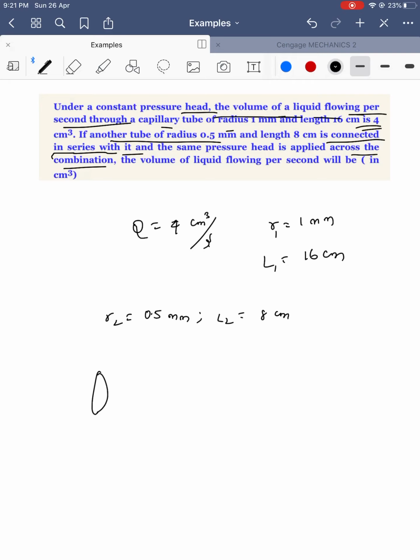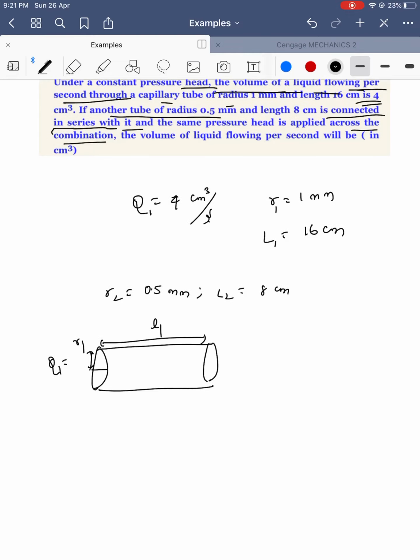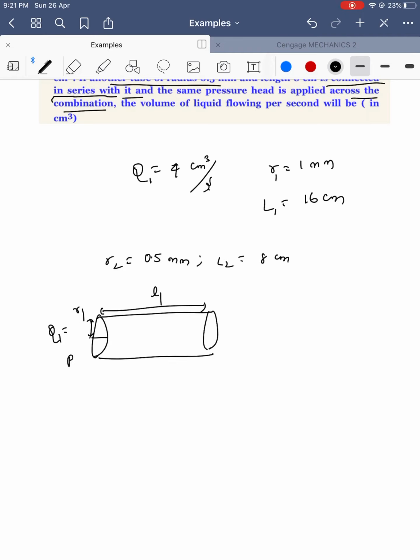Now see here, the first tube is alone. Here is radius R1 and length L1, and we know the volumetric flow rate Q1 as per the first statement. Next, he is maintaining P1 minus P2, so P total is equal to P1 minus P2.